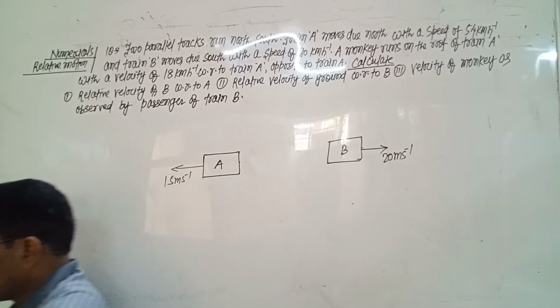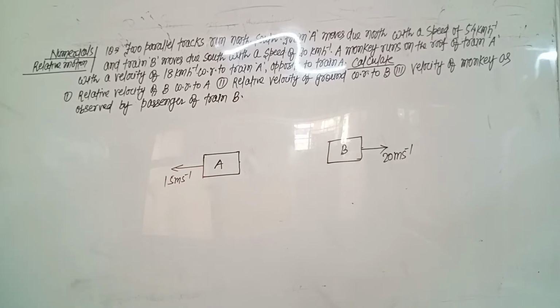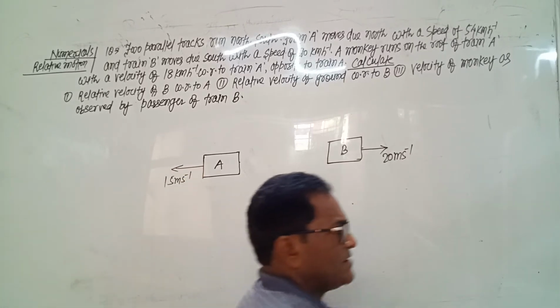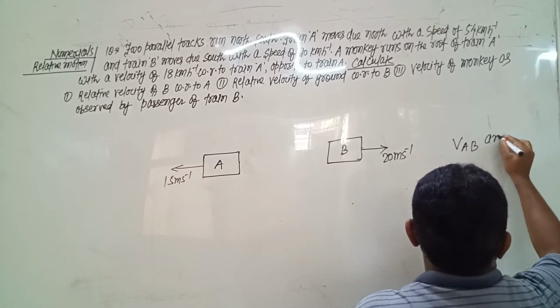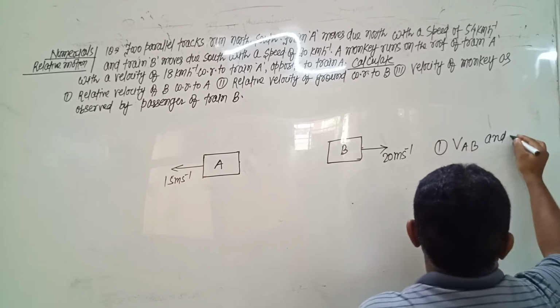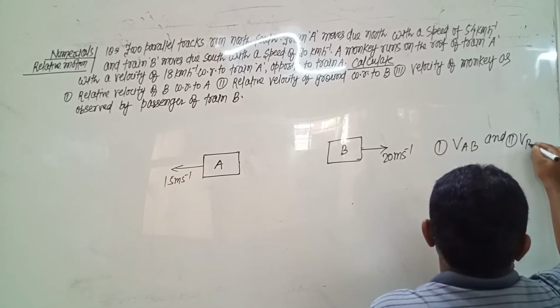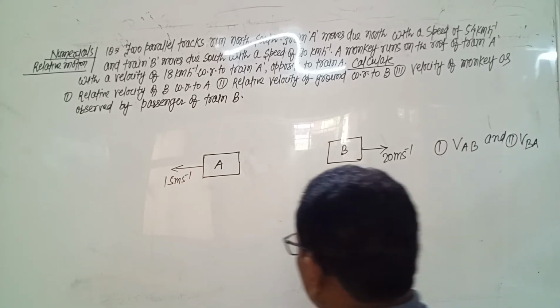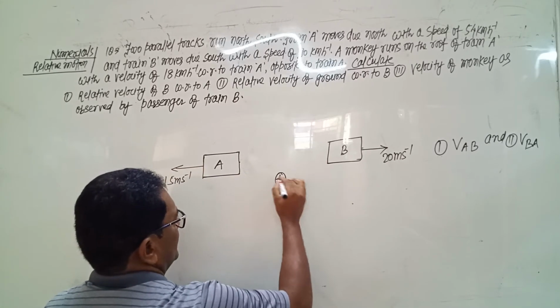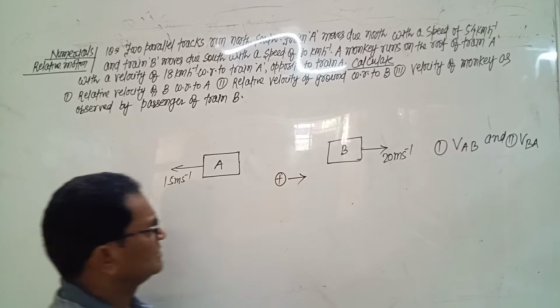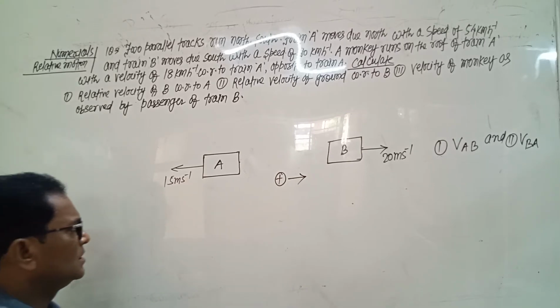Both the cars are moving directly opposite to each other. So again we have to calculate VAB and VBA. Again we will assume the direction. Suppose we have assumed the positive direction towards right.